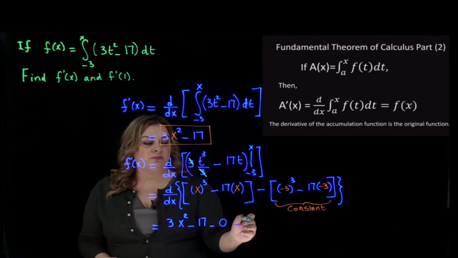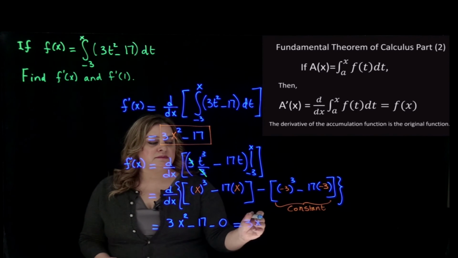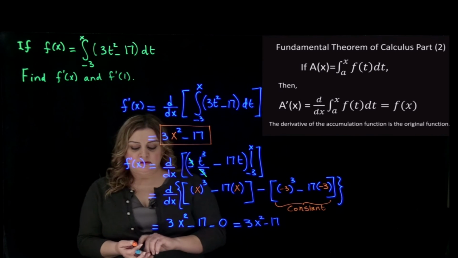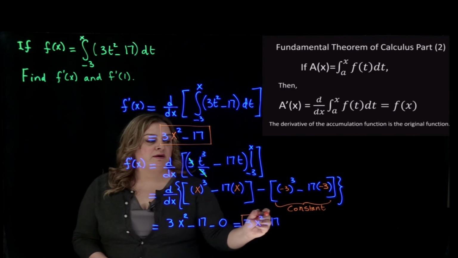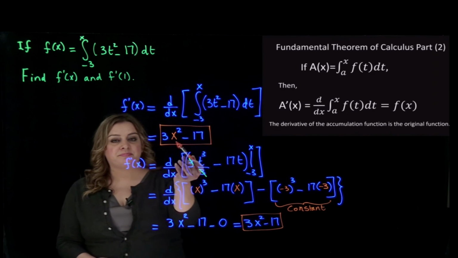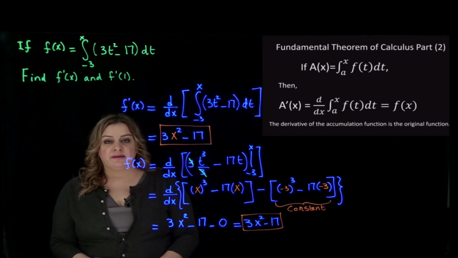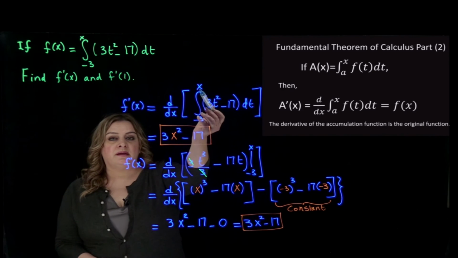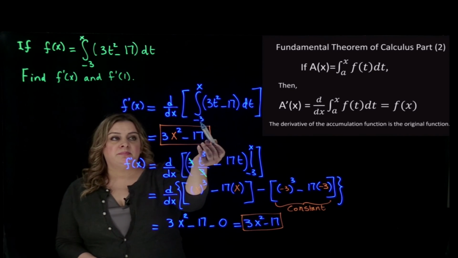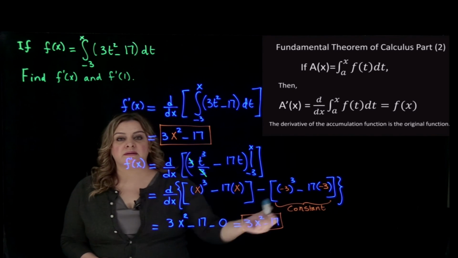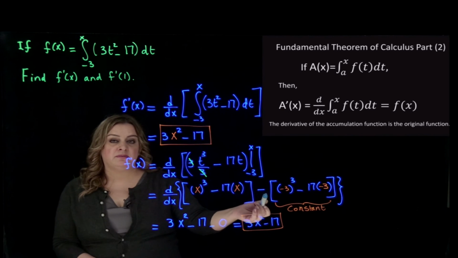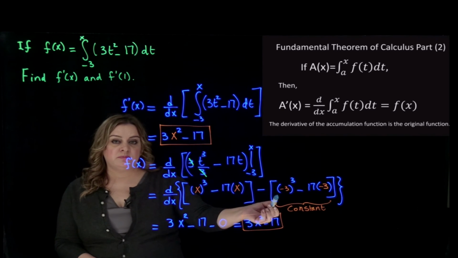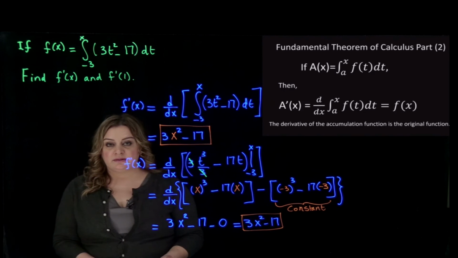This is going to equal 3x squared minus 17, which is exactly what we found when we applied part 2 of the theorem. And that's why we will always have the endpoint x, because when we substitute a, which is a constant, it's going to be a constant term. And the derivative of the constant term with respect to x is going to be 0.